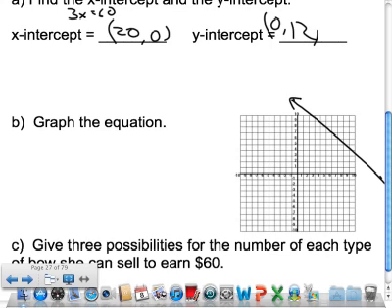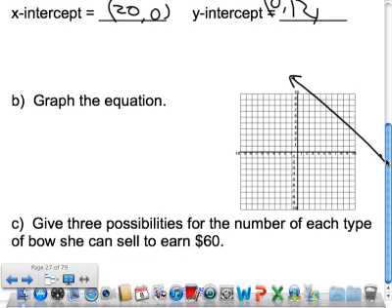And so it says, give 3 possibilities for the number of each type of bow she can sell to earn $60. In other words, 2 of them are right there in front of you. She could sell 20 small bows. She could sell 12 big ones.